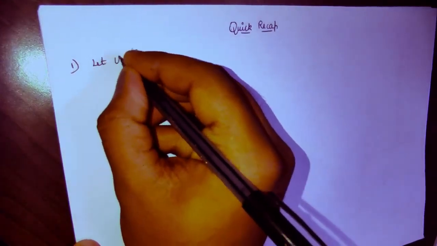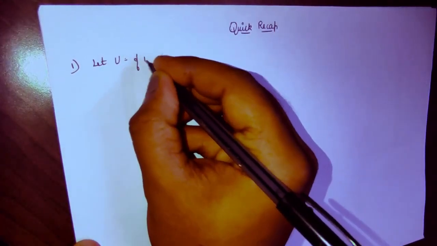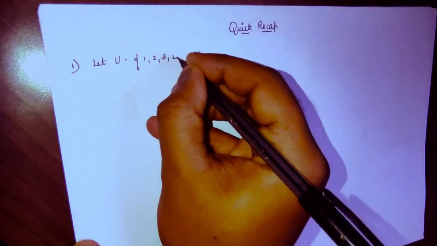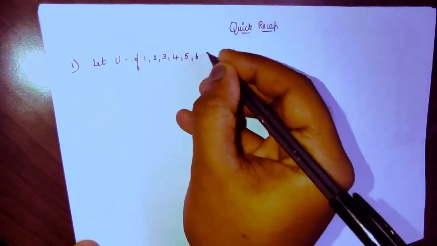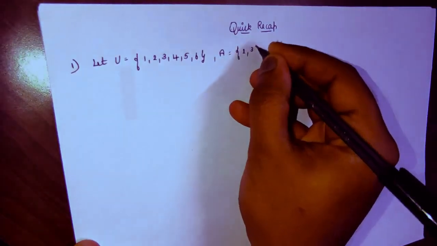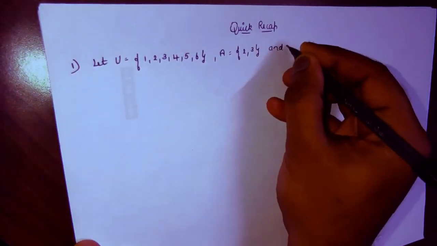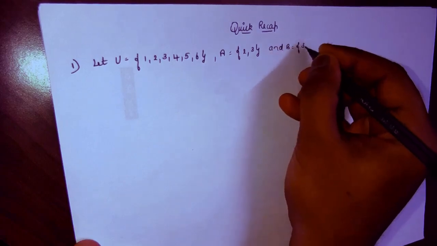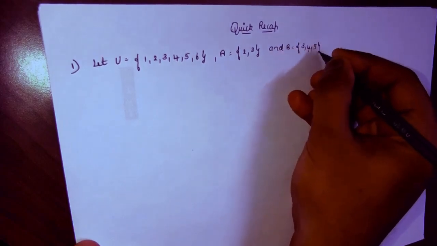Let U be equal to {1, 2, 3, 4, 5, 6}, A equal to {2, 3}, and B equal to {3, 4, 5}.